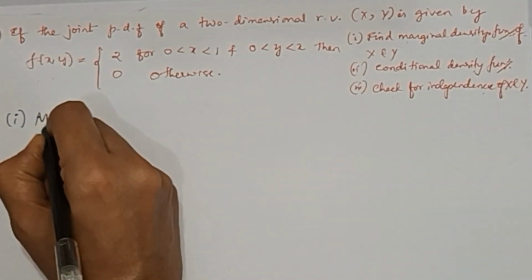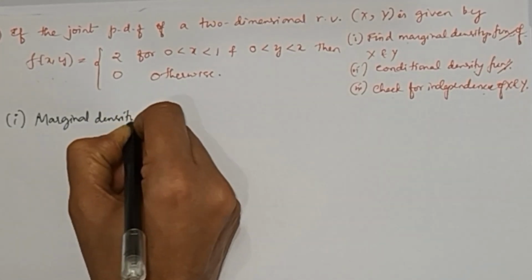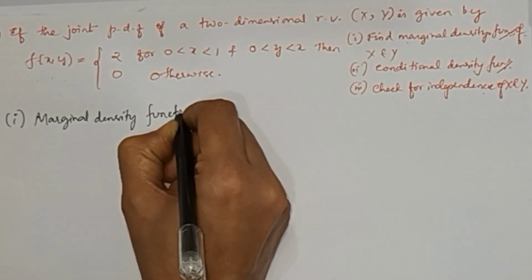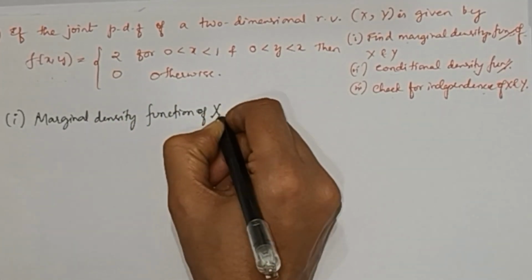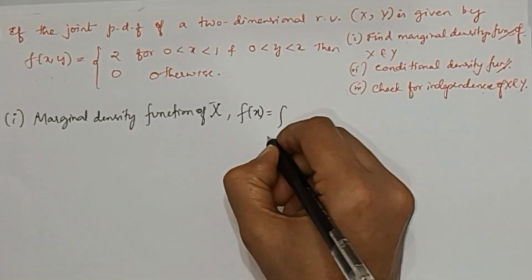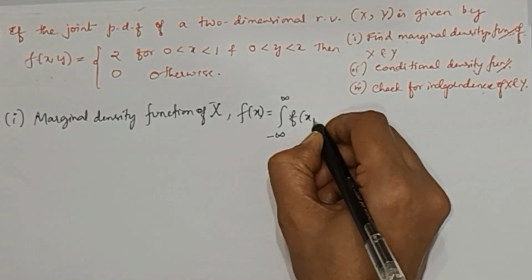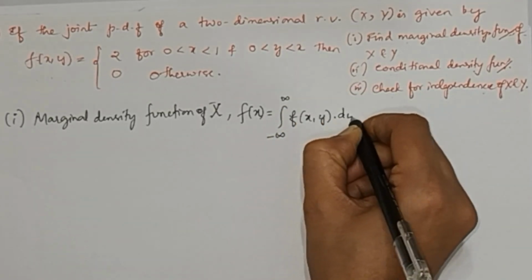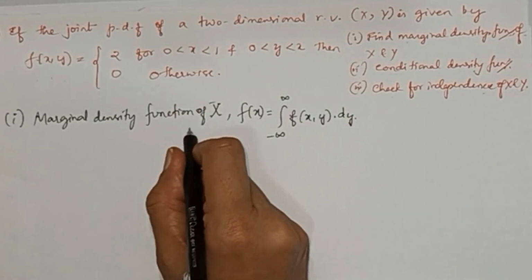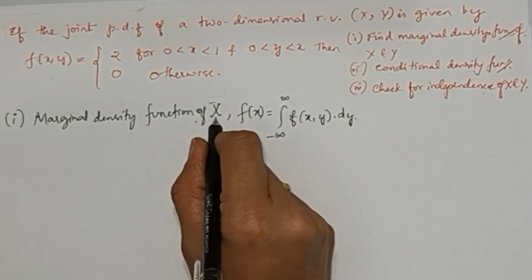First let us find the marginal density function of x, denoted as f of x, equal to the integral from minus infinity to infinity of f of x comma y with respect to dy. Dy here because it is the marginal density function of x.